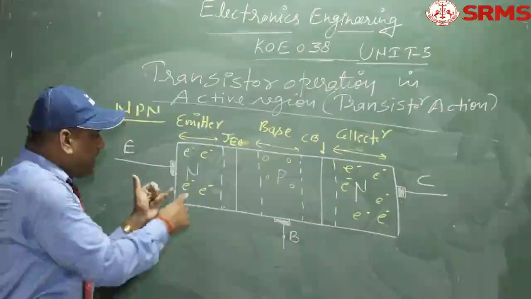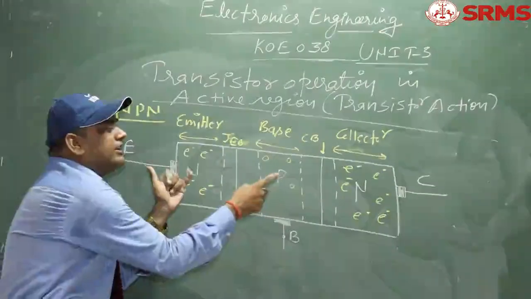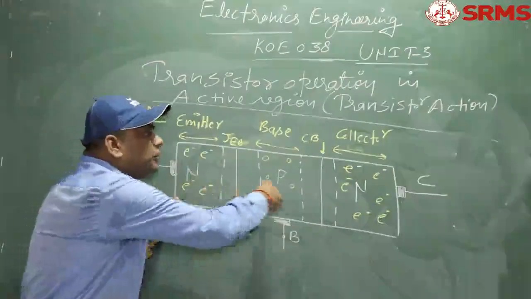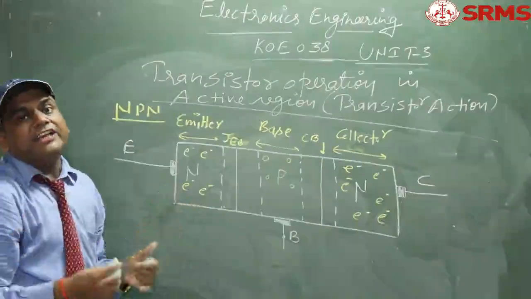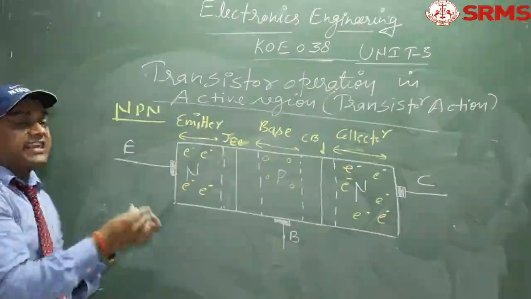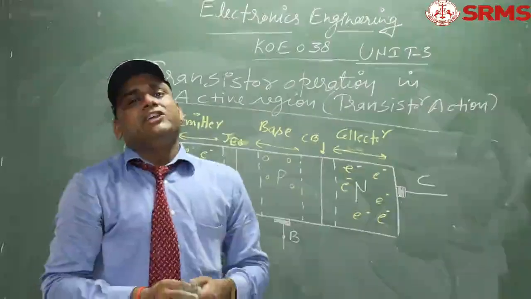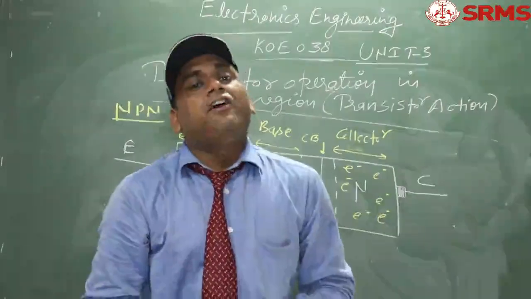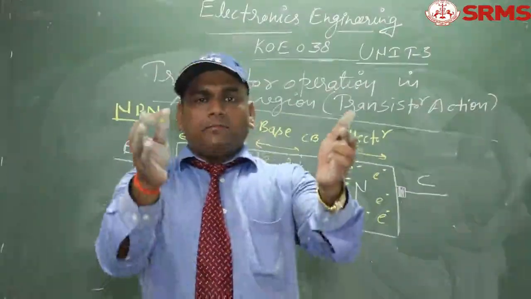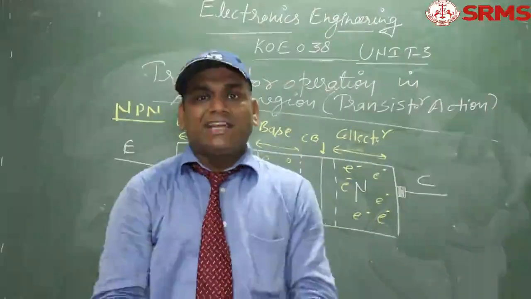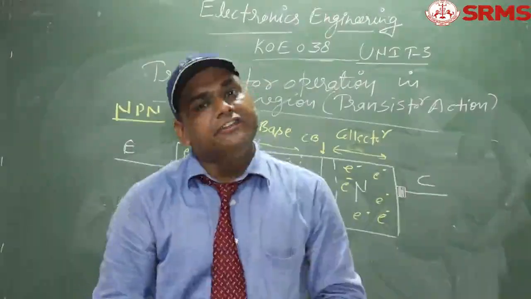If you want your emitted electrons to be transported towards the collector terminal, definitely you have to apply a negative voltage at the emitter terminal. Otherwise, you should always keep in mind, for the active region of operation, your emitter base junction must be forward biased and your collector base junction must be reverse biased.